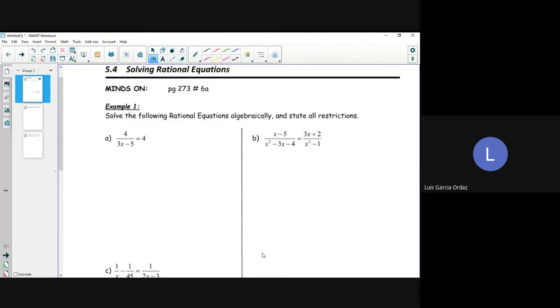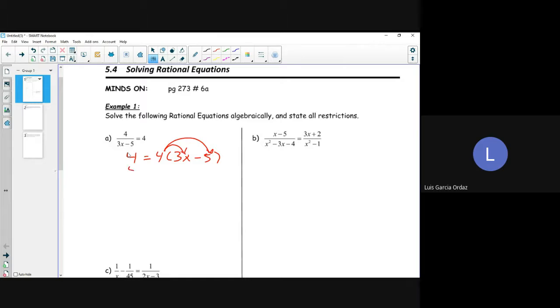So for 3a, we have 4 over 3x minus 5 is equal to 4. So what we're going to do is we're going to cross multiply. So the 4 is going to stay on the left side is equal to 4 times 3x minus 5. Then all we're going to do is expand the 4 into the bracket and FOIL.